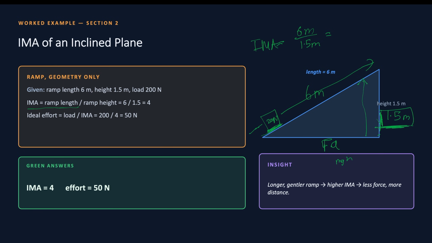You're pushing it 6 meters, but with lesser force, right? So it's going to feel easier to push this up a ramp than to lift it up straight to 1.5 meters, which makes sense, right? So how much distance did you push it up the ramp, and how much was the actual height itself? 1.5. So 6 over 1.5, your mechanical advantage is 4. Okay?